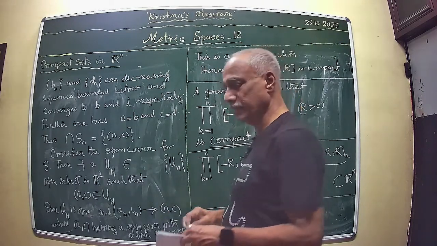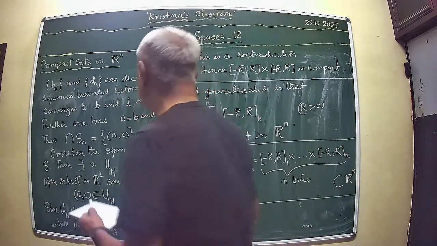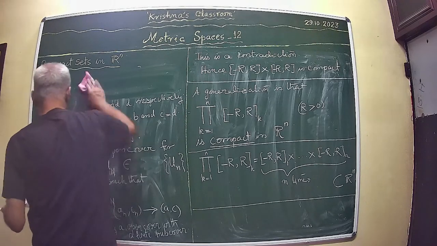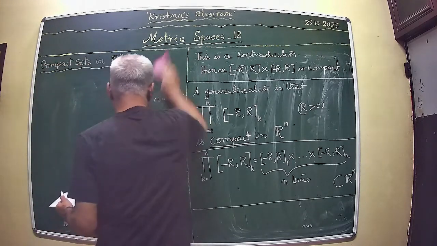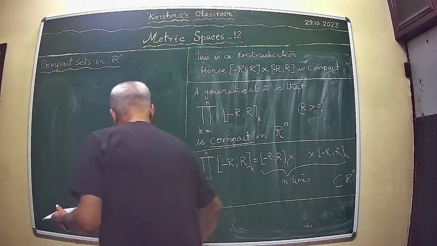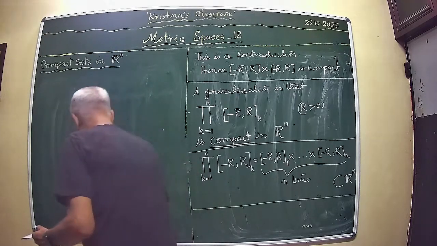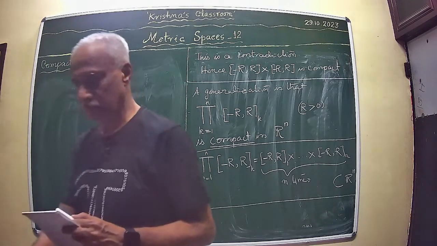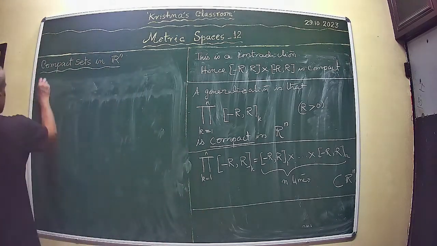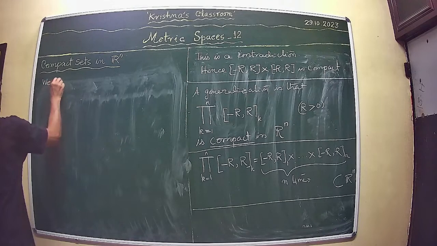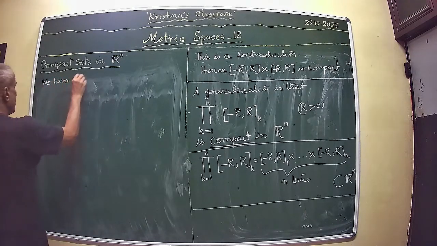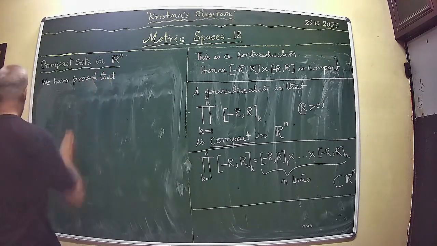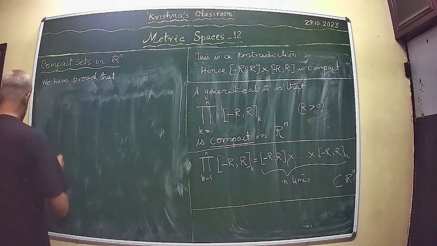Now we make the following observation. We have already proved that any compact subset of a metric space is closed and bounded.